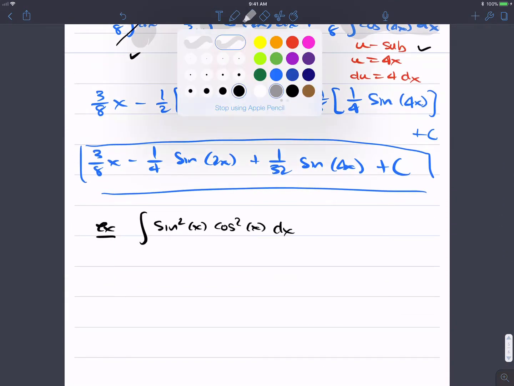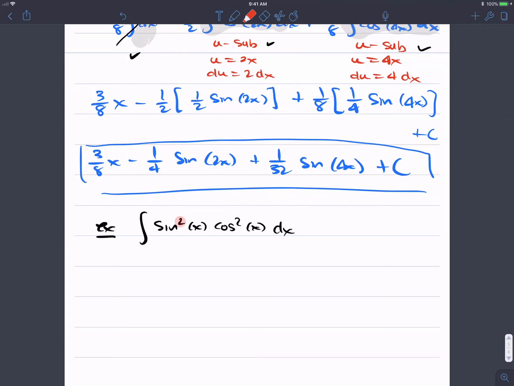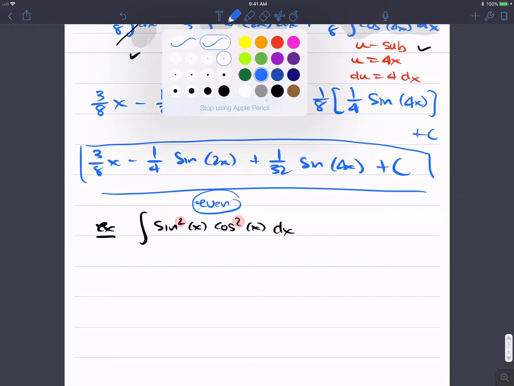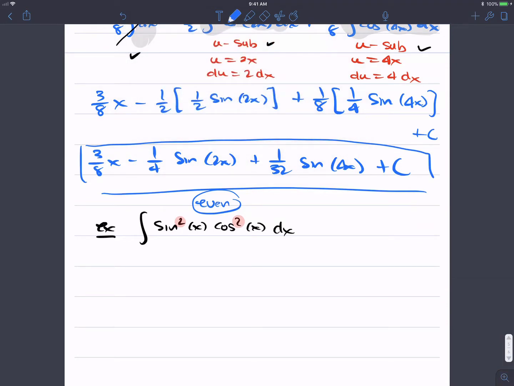And I want to point out to you again that you have power 2, and that they are actually even powers. So we're going to reduce our powers in the same way we did from Math 241. It's just that sine squared gets replaced now by the half angle identity of 1/2 times 1 minus cosine 2x. And cosine squared gets replaced by 1/2 times 1 plus cosine 2x.